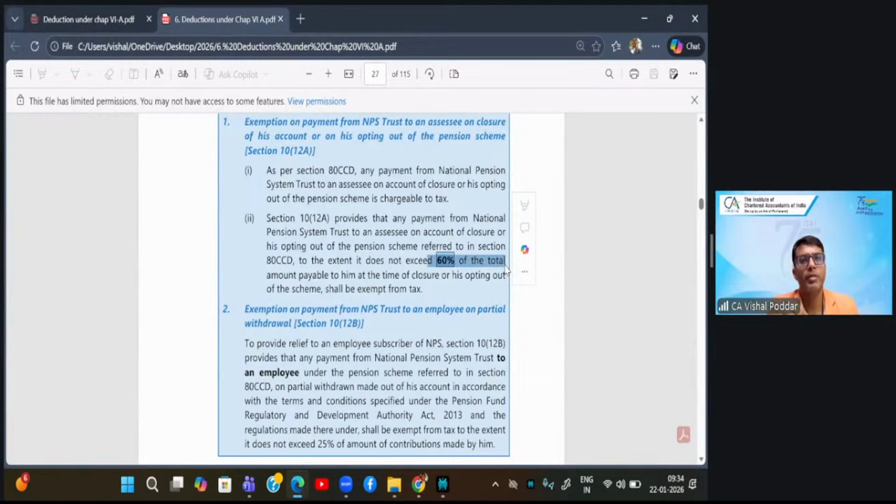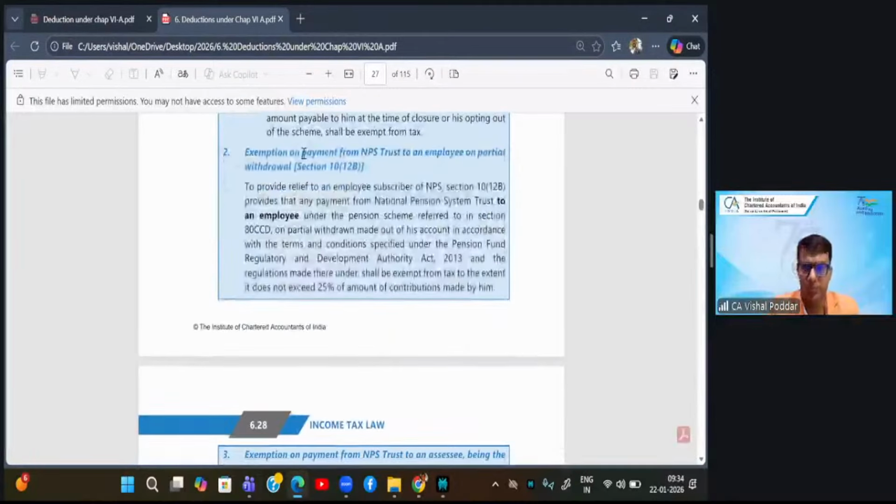So in the present budget, you may hear some amendment in Section 10(12A) relating to NPS, the National Pension Scheme. Whatever withdrawals you are making are for the time being 60% exempt. In the budget, you may find a proposal that this will be made 100% exempt.